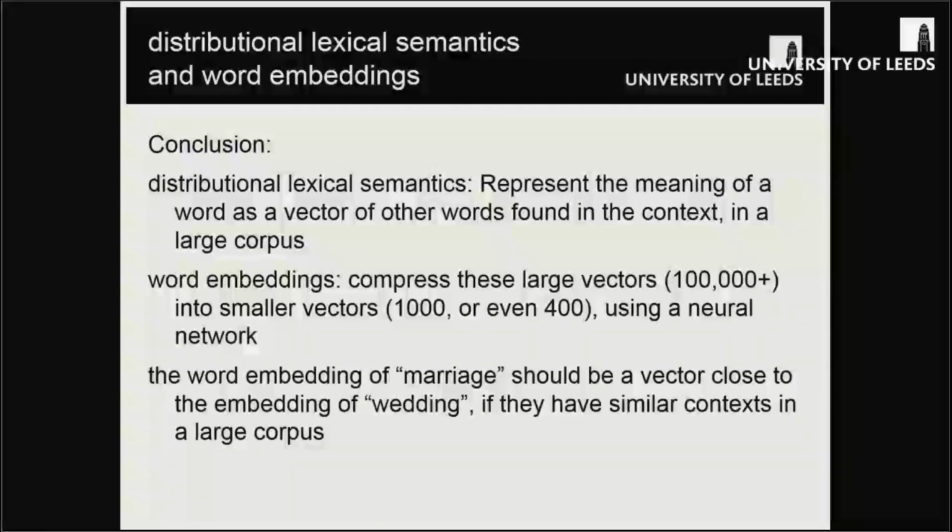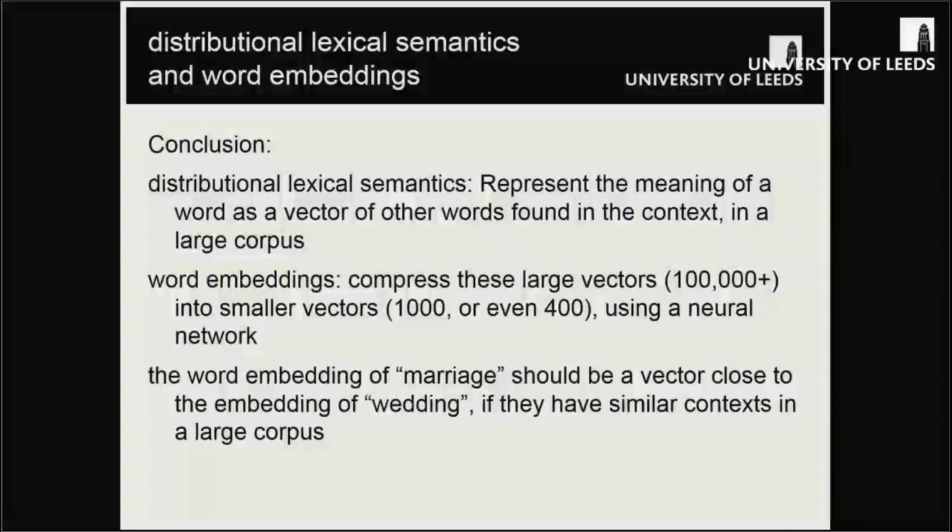We don't know, it comes up with a representation, a vector of 1,000 numbers. Nobody knows what each of those values means in some sense, except that the vector of numbers for wedding should be quite similar to the set of numbers for marriage. And what Mikolov did is he tried this out on lots of different pairs of words and found where pairs of words are similar.